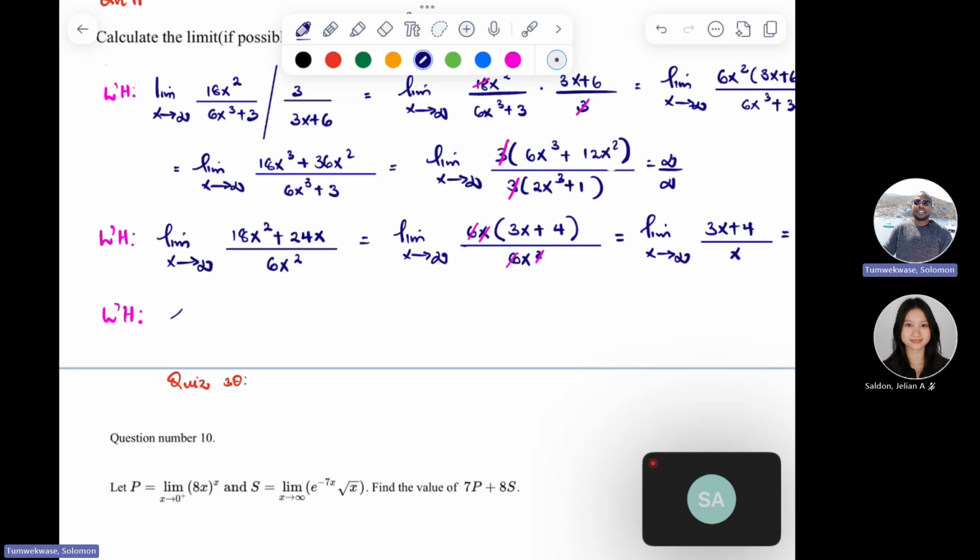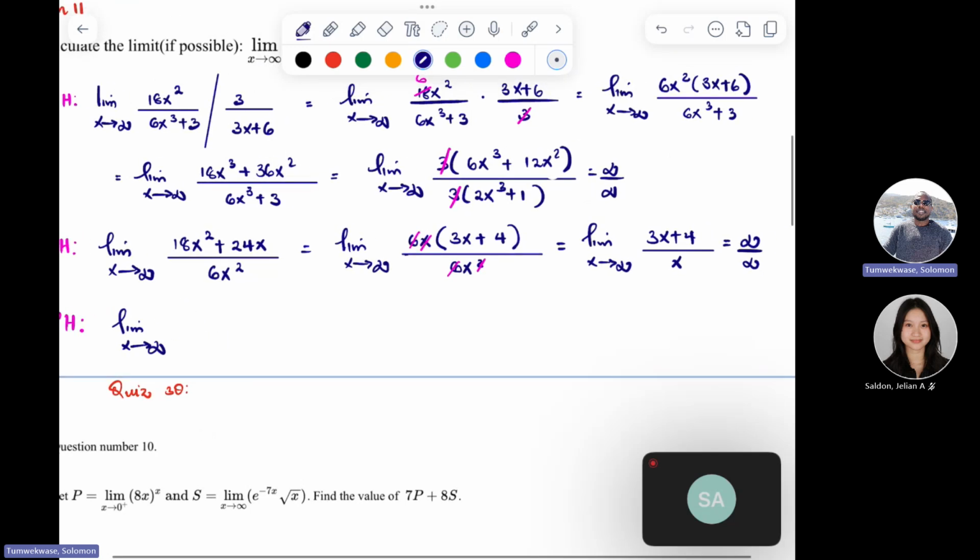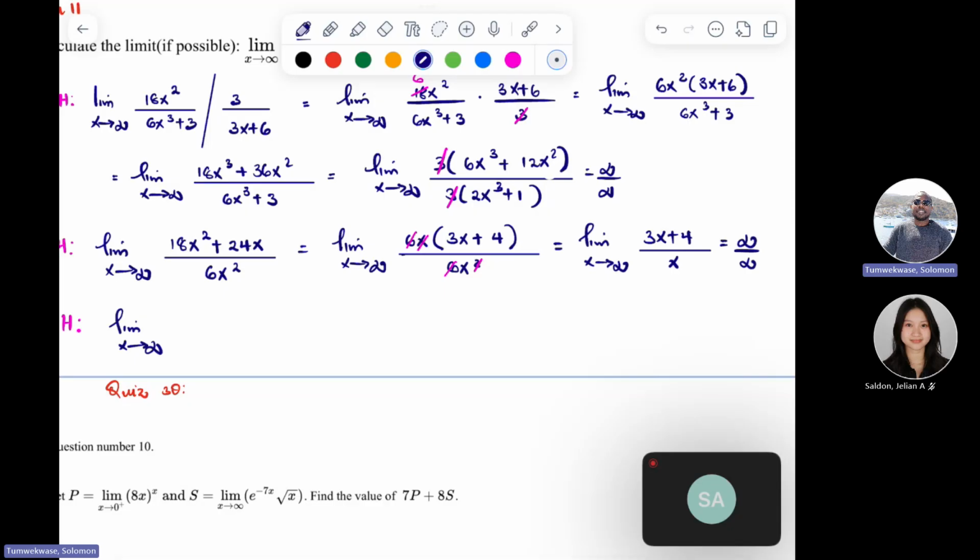When I differentiate 3x plus 4, I just get a 3. And when I differentiate x, I just get a 1. And this is the limit as x approaches infinity of 3, which is equal to 3.